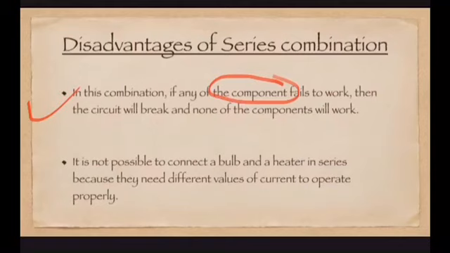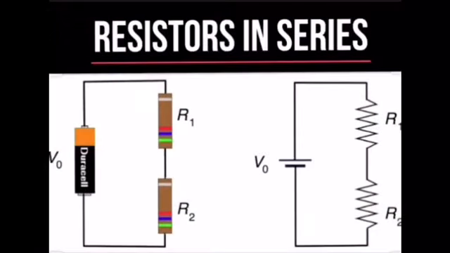So the series arrangement has this disadvantage. Second point, it is not possible to connect a bulb and a heater in series because they need different values of current to operate properly. In this diagram you can understand more clearly the disadvantages of series connection.